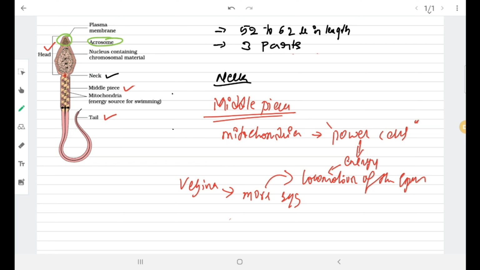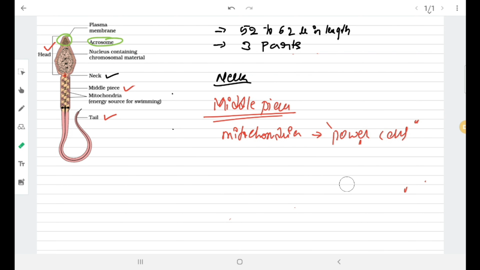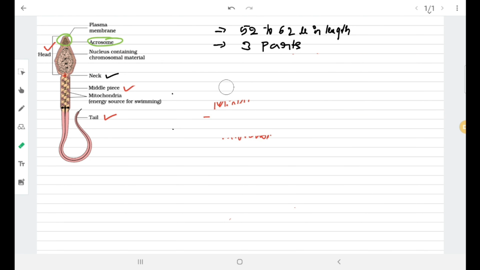Now we move to the last part of this unicellular sperm, that is the tail, the posterior tail. I'll write it simply as tail, so you can put posterior there.